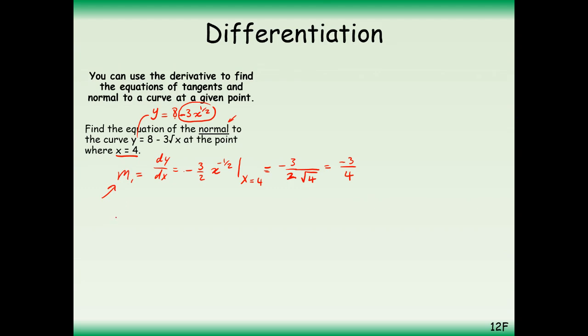Okay, so we want the gradient of the normal, which is perpendicular to the tangent. Therefore, it would be negative 1 divided by negative 3 over 4, which will give us 4 over 3. So the equation of the normal is going to be coming from this line here.